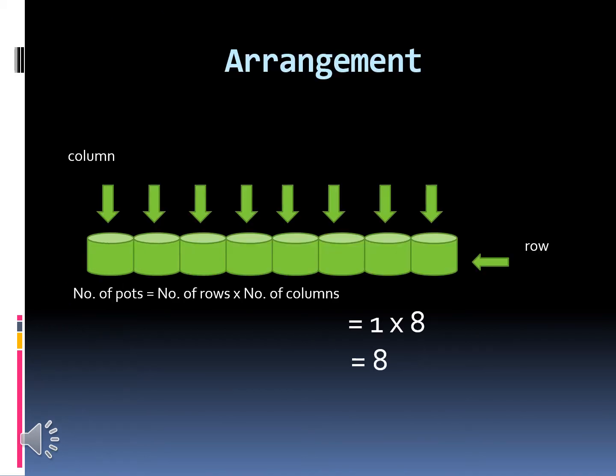Somebody else can arrange it in 1 row and 8 columns. 1 8s are 8. So this can also be arranged to get a rectangular boundary. So we have seen 2 arrangements. Let's see few more.